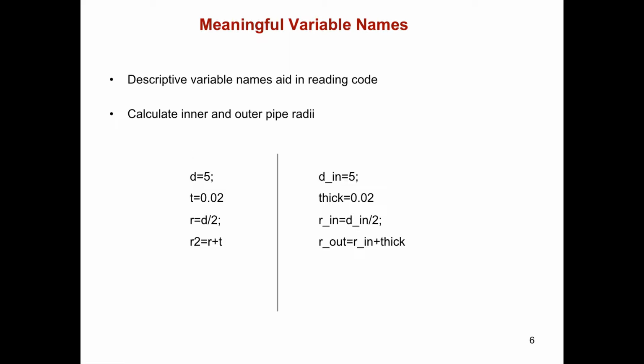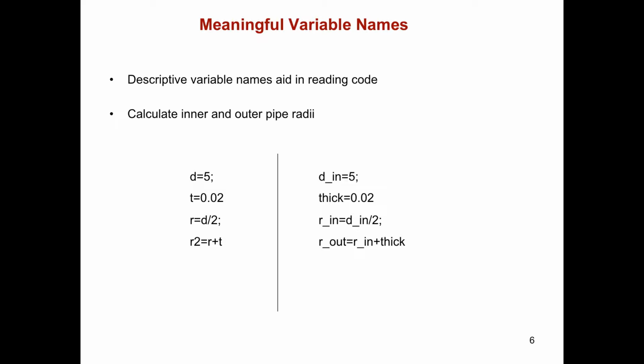Also, you want to name things in a way that has some connection to whatever physical problem you're trying to solve. Typically, you're solving a physical problem. Your variables are better off having names such as thick or thickness or radius, rather than A, B, C, A1, B1, C1, and at some point you run out of the alphabet and have trouble remembering what you meant by C1 as opposed to some slightly meaningful name.